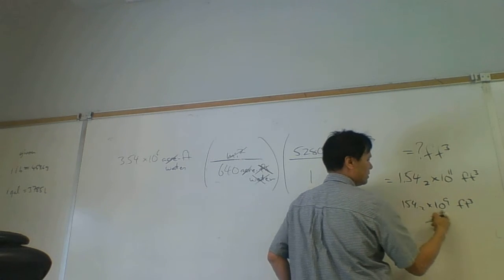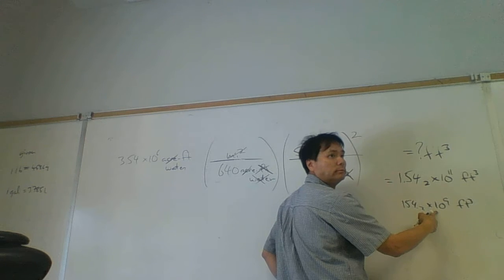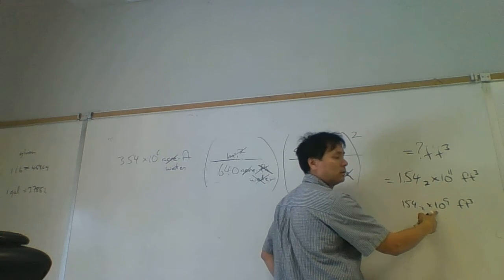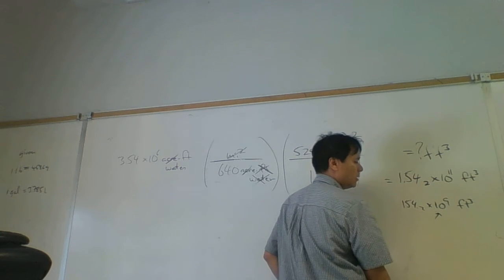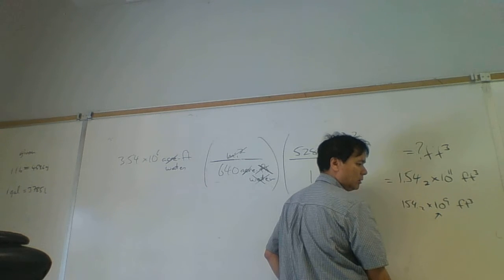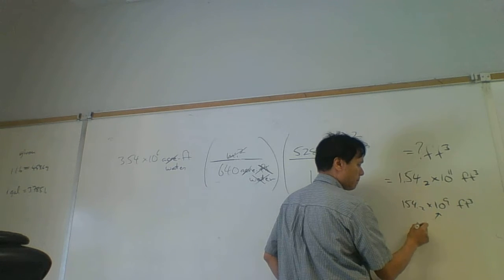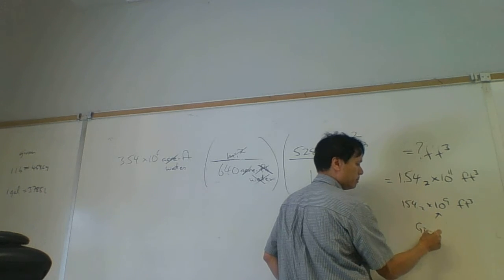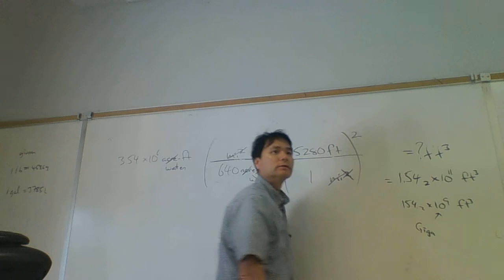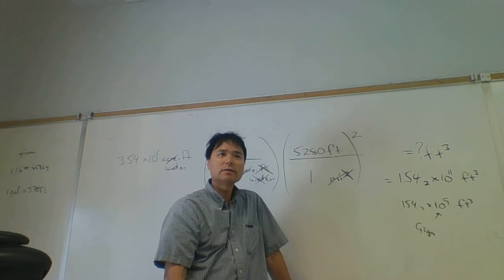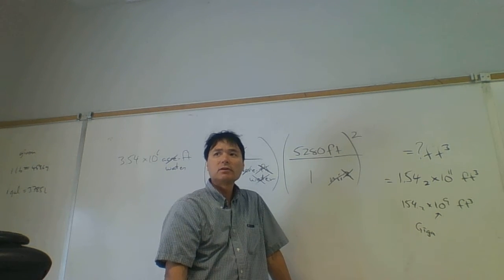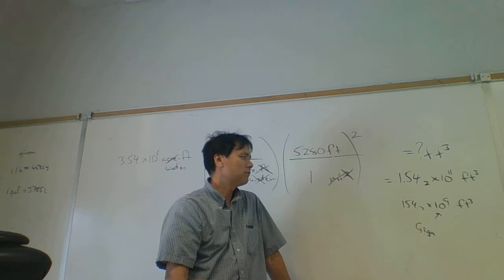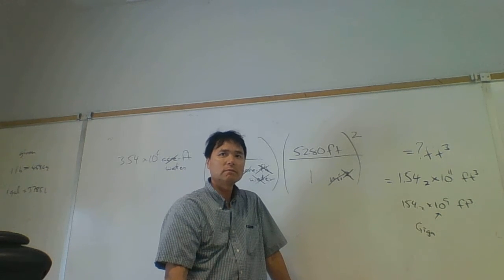You know what 10 to the 9 is? We have two words for 10 to the 9. One word is giga, right? Giga is 10 to the 9, is that right? And so this would be giga cubic feet. 154 giga cubic feet.